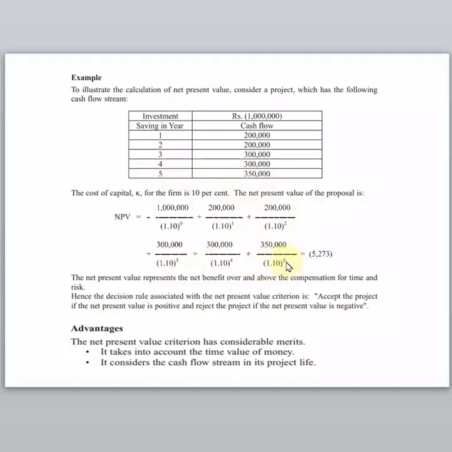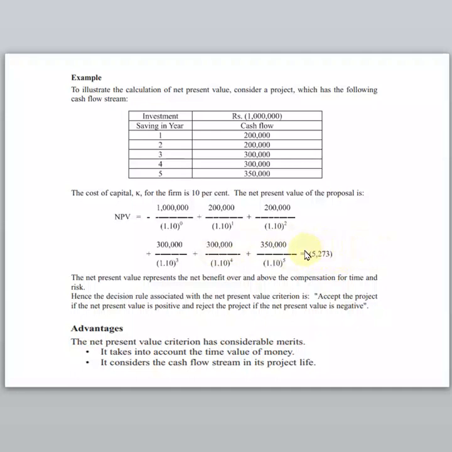Now 5 is the life of the project, so it is a 5-year project. If you calculate this, it comes to 5,273. This is the net present value of the project. This net present value represents the net benefit over and above the compensation for time and risk.